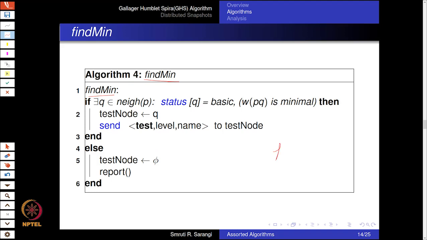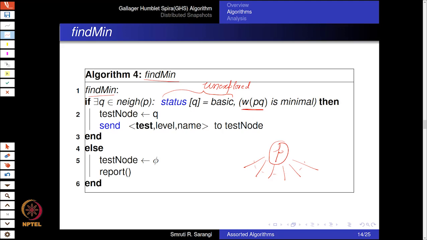FindMin, this is what it says. So again, I am P, the other node is Q. As long as there is some node Q which is an element of neighbor P, which means as I look at all the neighbors of P, as long as there is some Q which is a neighbor, such that status Q is equal to basic, which means that this, as far as P is concerned, is an unexplored edge, and out of all of its outgoing edges that are basic, WPQ is minimal, which means that out of all of its candidate outgoing edges, so clearly if the status of an edge is branch or reject, it cannot be a candidate outgoing edge, right?